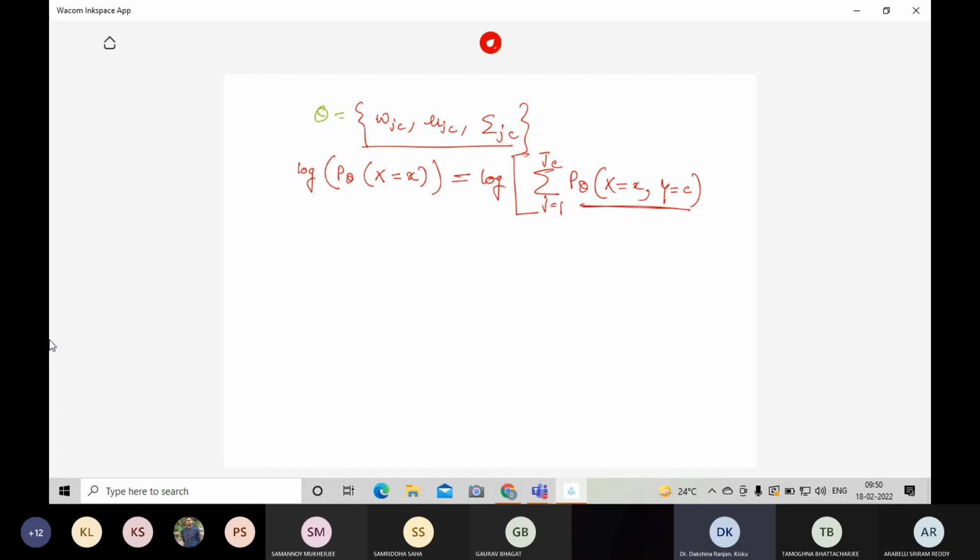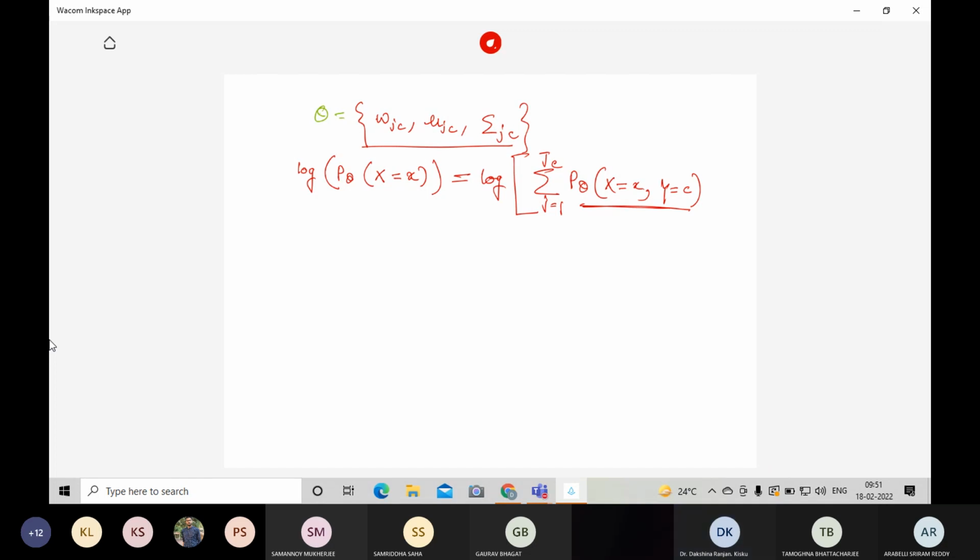Here we are taking the log of the summation over this joint distribution, which is parameterized by theta. And theta consists of these three model parameters: weight, mean, and covariance matrix. Now we are taking the log likelihood of the given observation x.